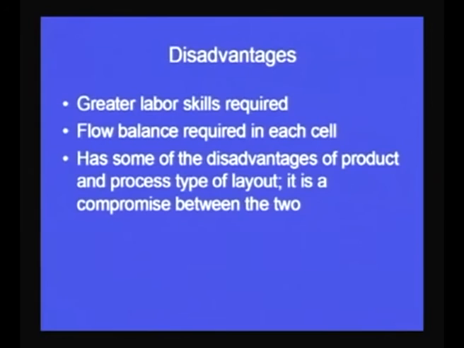So flow balance required in each cell. So in the problem you have seen that there were 3 operations carried out on different work groups. Now if they are not working at the same pace, then one particular cell is making the products at a faster pace, another cell is making the products at a slower pace.